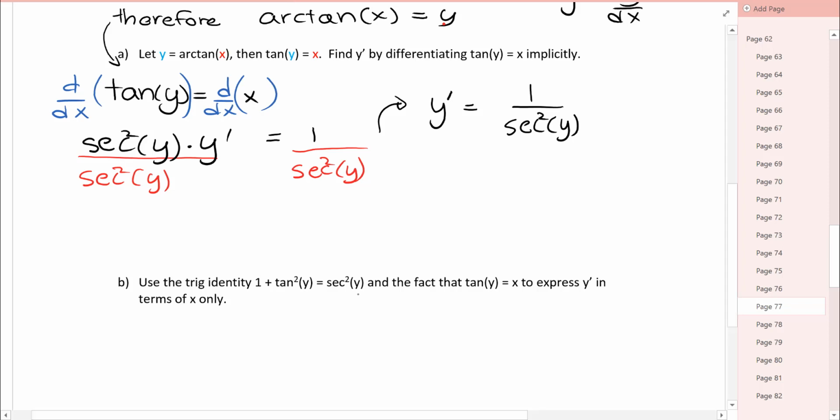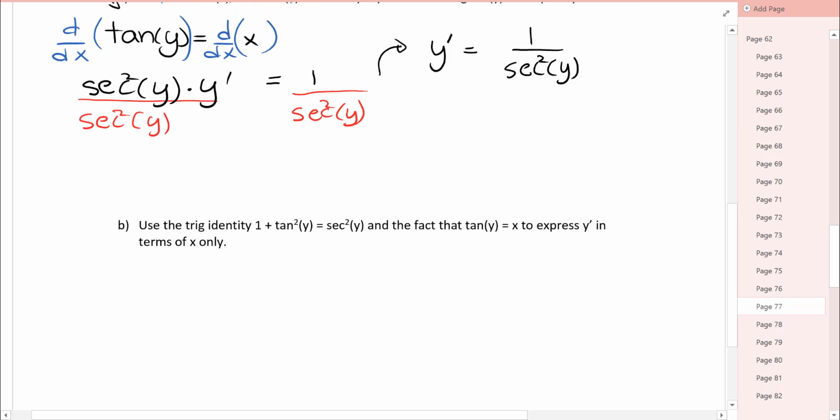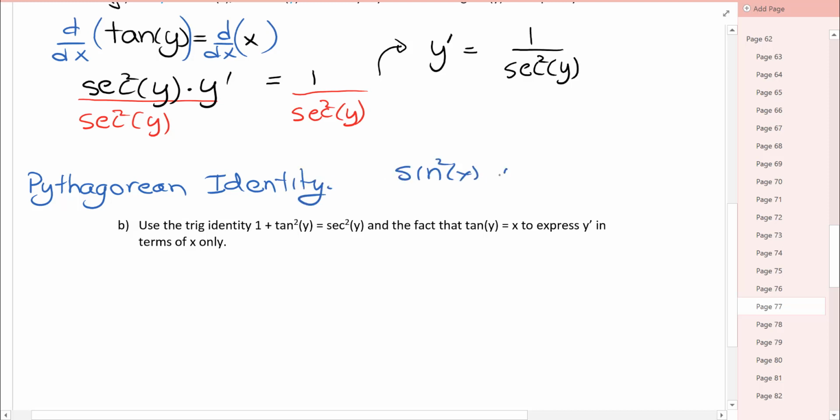So we're going to use this trig identity down here. This is coming from that Pythagorean identity, remember? Sine squared x plus cos squared x equals 1.